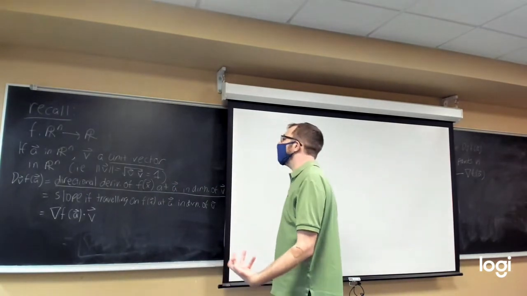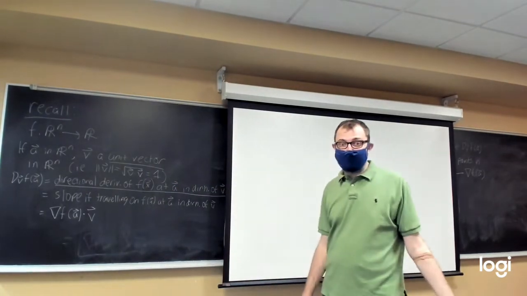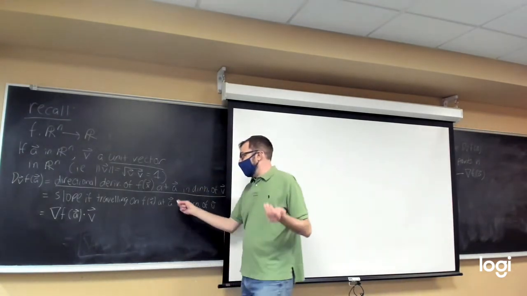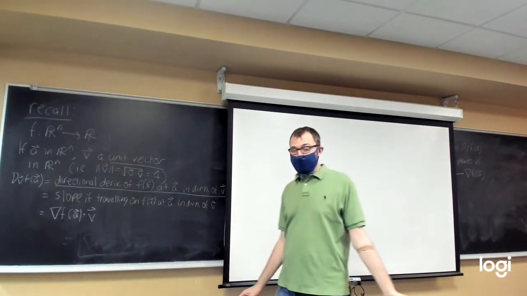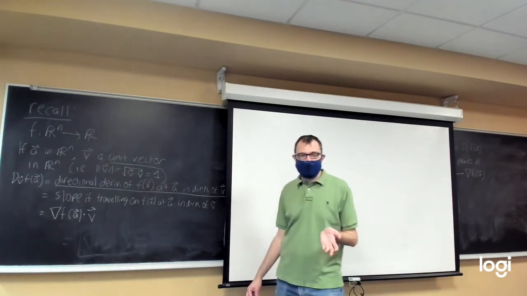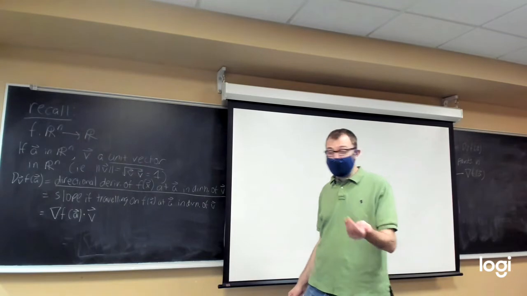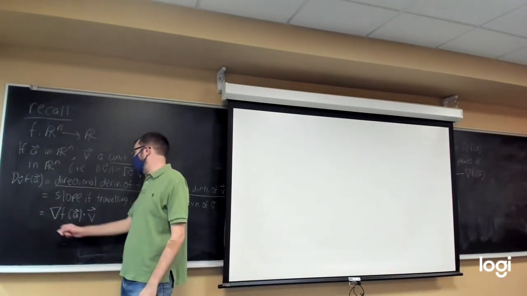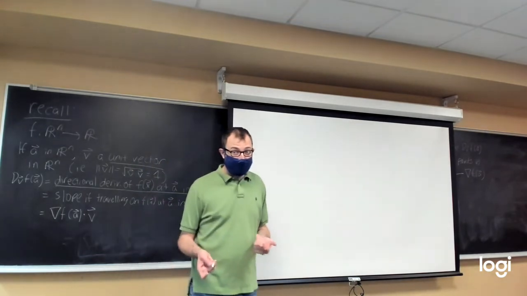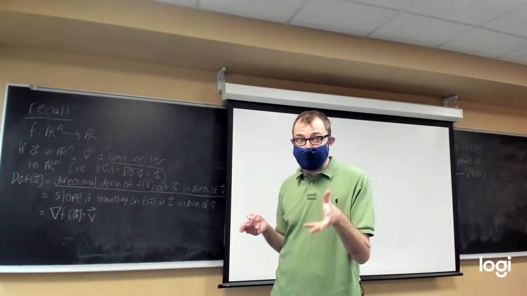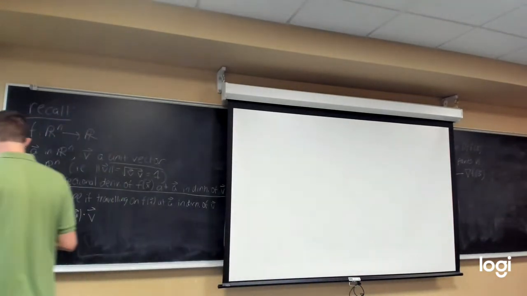Then the directional derivative of the function f at the point A in the direction of V, which is the same as the slope of your function f if you're standing at the point A and traveling in the same direction that V is pointing, is going to be the gradient of f evaluated at A, dotted with your direction vector V, telling you which direction you are walking.